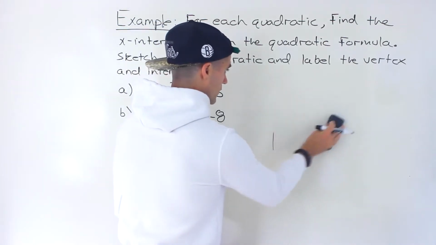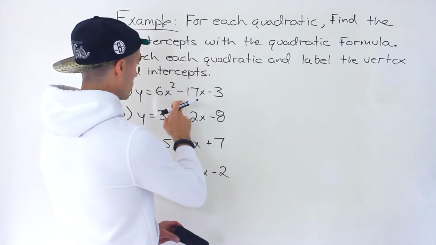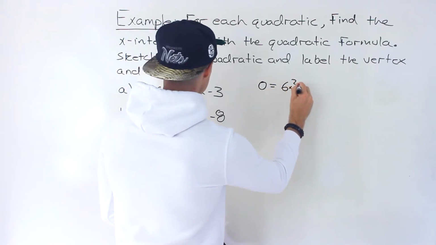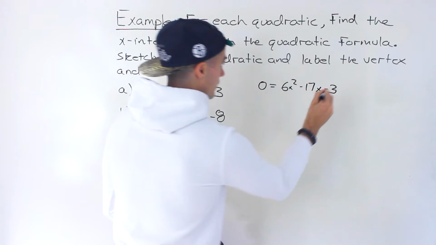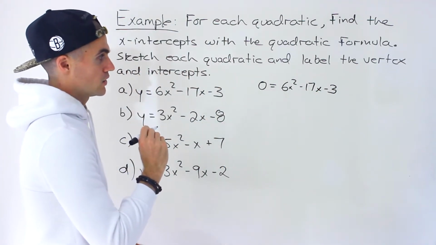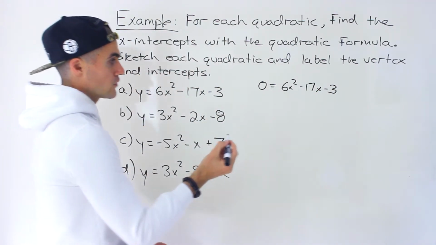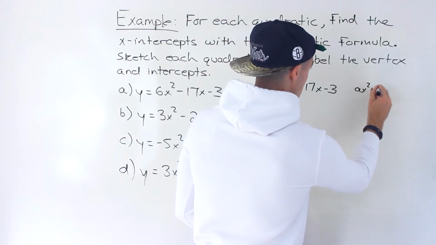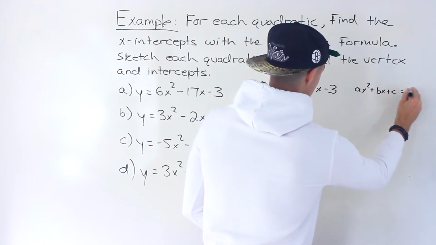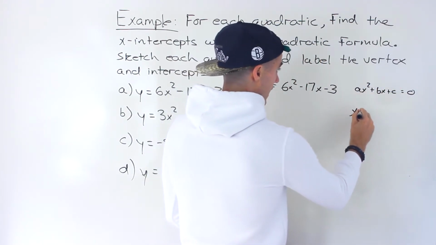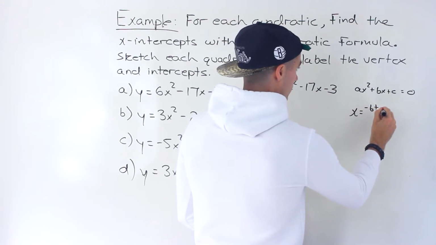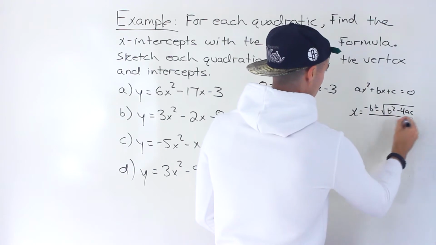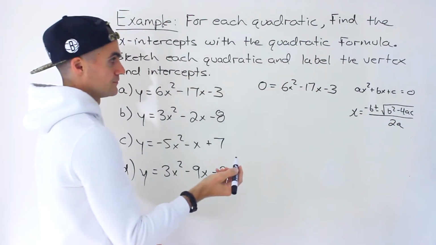So if we start off with part A, we're going to plug in 0 for y. And so notice now we have a quadratic equation right here. And whenever, just as a quick review, whenever we have a quadratic equation in the form ax squared plus bx plus c is equal to 0, the solution to that, the quadratic formula, would end up being that right there.